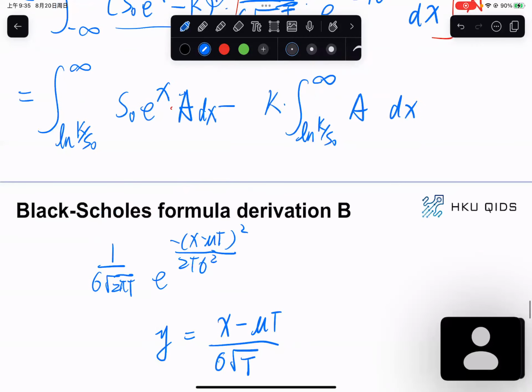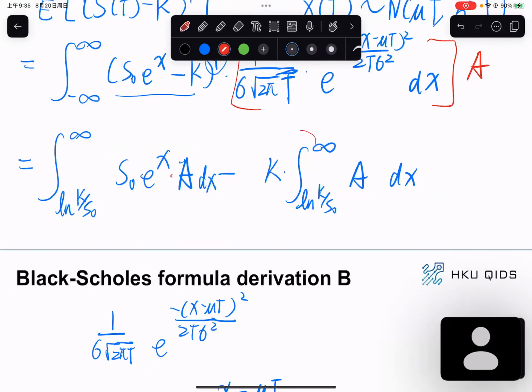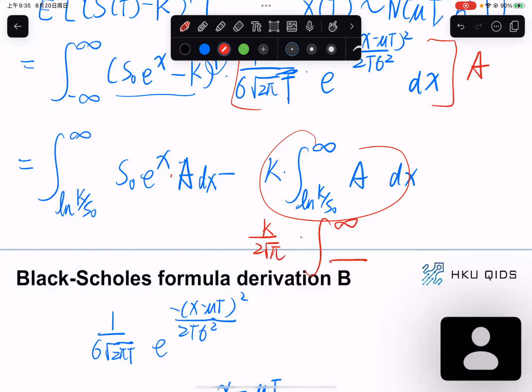And then when we plug it back, this part is going to become K over square root of 2 pi, from (log K over S0 minus mu t) over sigma square root t, and this suddenly becomes e to the power of negative y square over 2, dy.